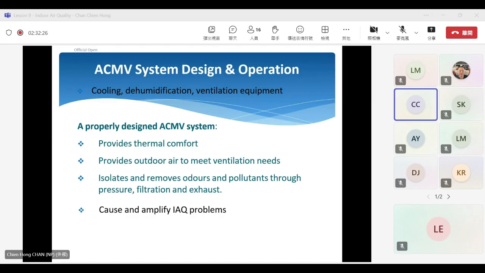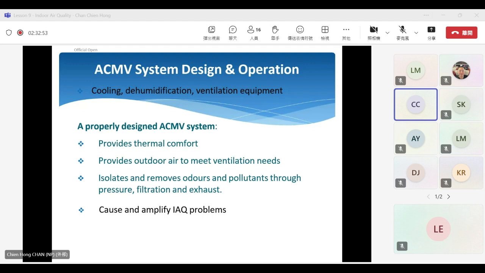But if it is not done properly or not well designed, then we will have issues. The hot air, the polluted air cannot be vented up into the external environment fast enough. They get trapped within the building, right?